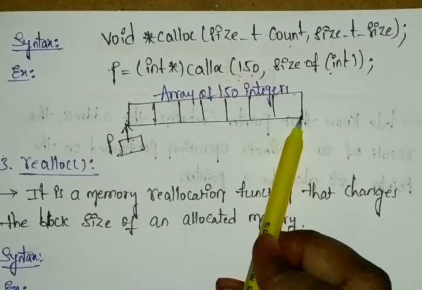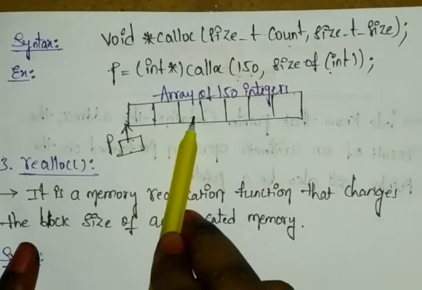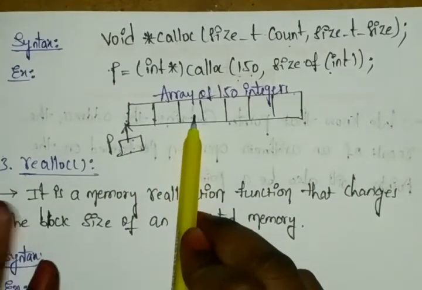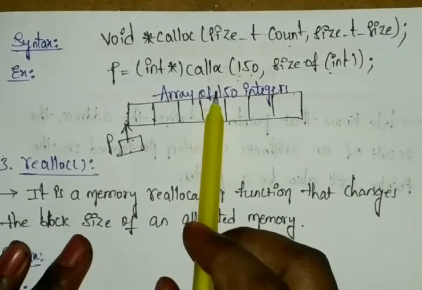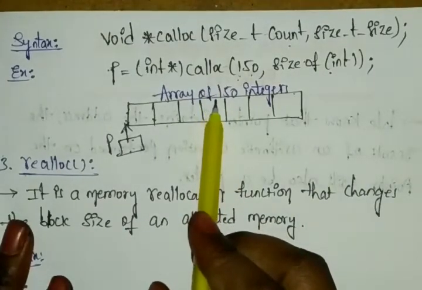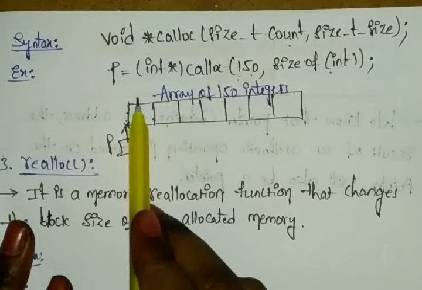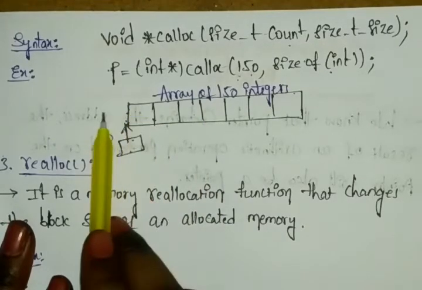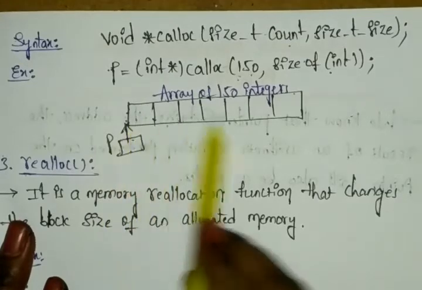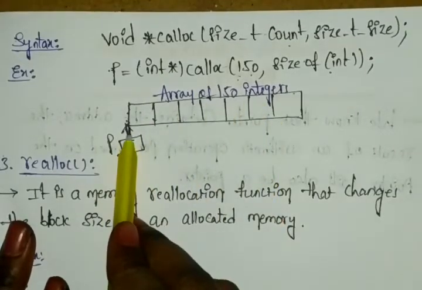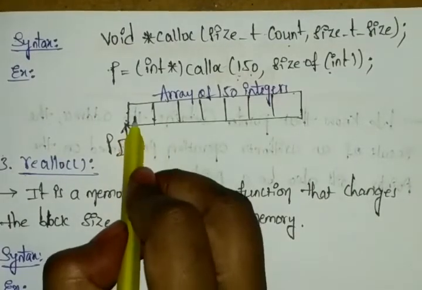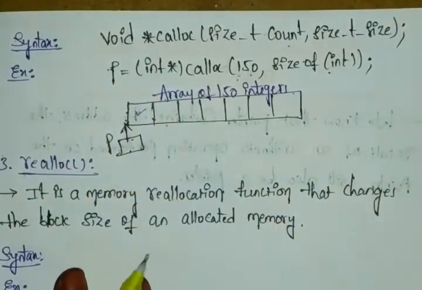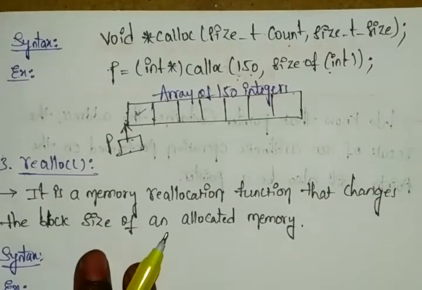Whatever array of 150 integers you have, it will have one pointer. So we define this by the pointer only, right? The pointer p points to the first byte of the first integer in our array. This is the array, and this is our first byte of the first integer. So in this case this is our pointer. Like this we can allocate with calloc.